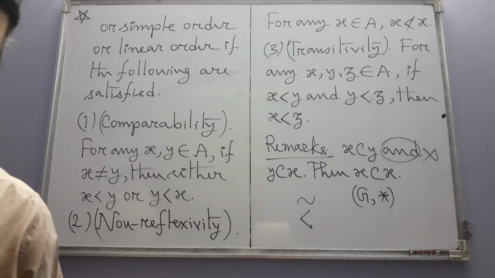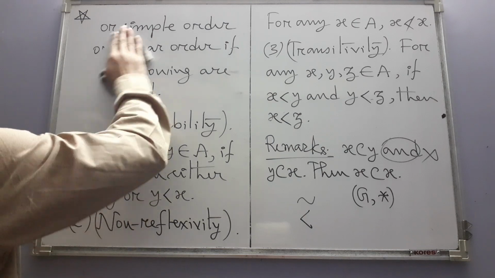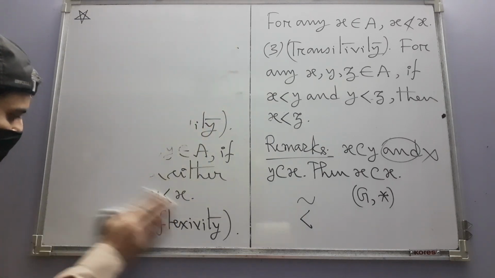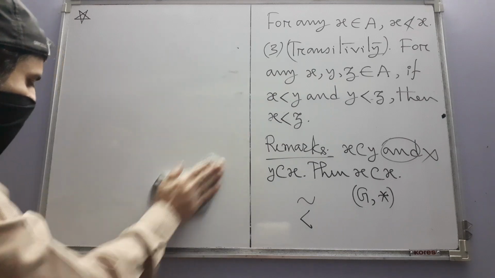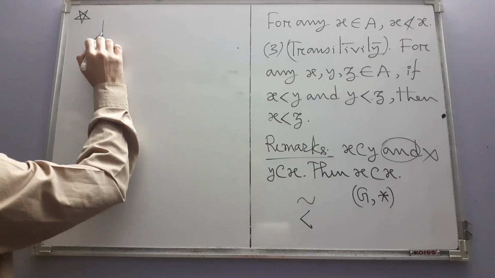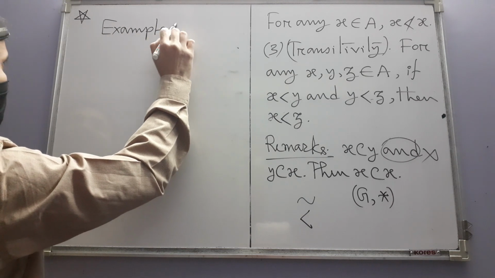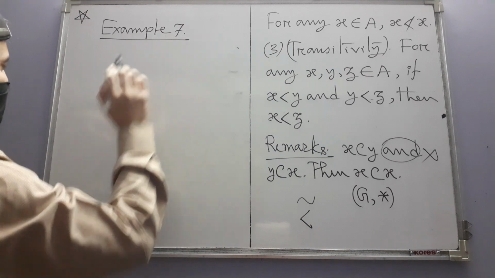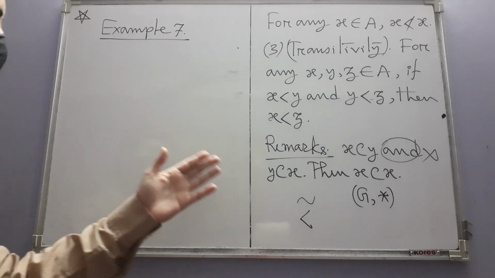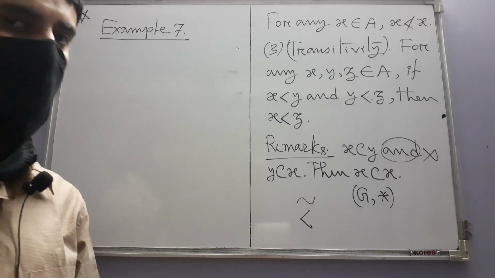Now, let's see two examples. The first example is in the book, it's example 7. That's because we have started somewhere in the middle of the third section. No, we have skipped the part which discusses equivalence relations, those things. So there you have example 1.